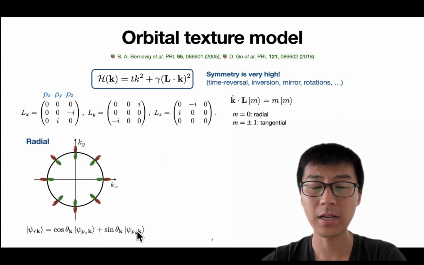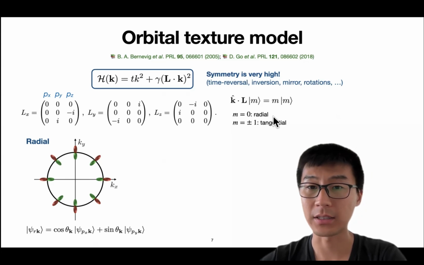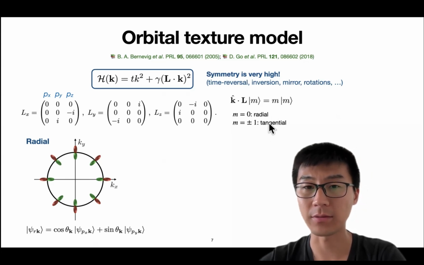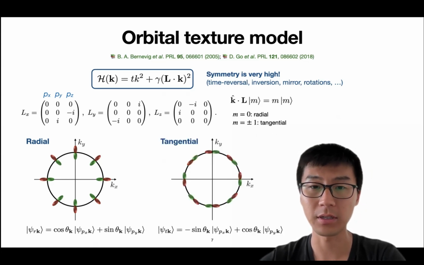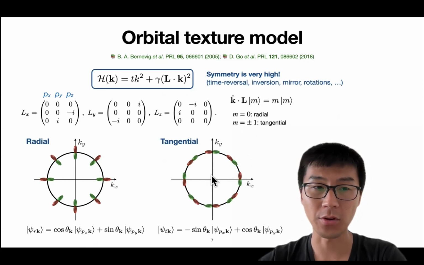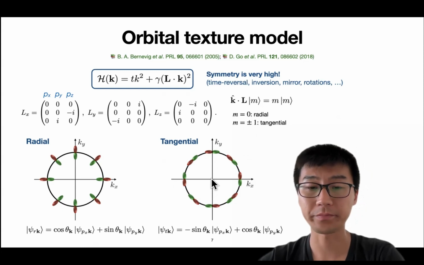For m equals plus minus 1, the states are doubly degenerate, so we can have any choice, as any linear combinations are possible. One of them is a tangential state, which is orthogonal to the radial state and has this dependence. It's quite funny, a tangential-like orbital character and then the energy contour.